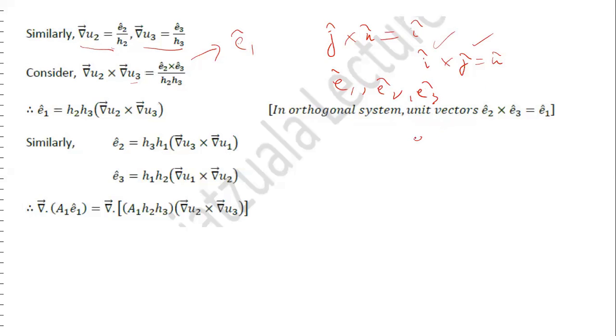So e2 cross e3 will result in e1, just like that. All right. So your e1 cap can be expressed as h2 into h3 into this, and similarly, following the same calculation, you can obtain your e2 as the cross product between grad u3 and grad u1, and similarly this, right?